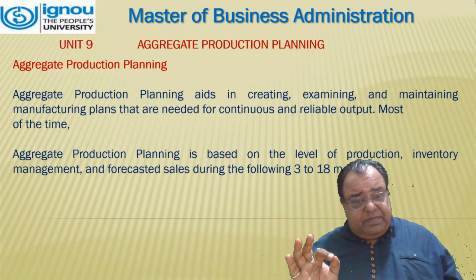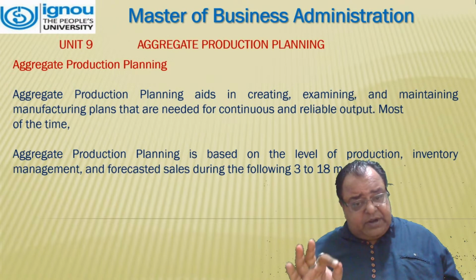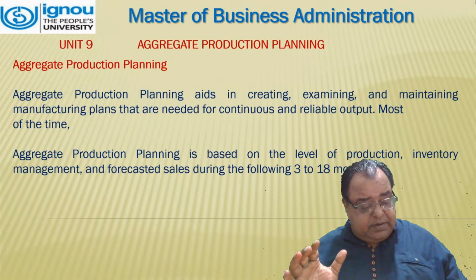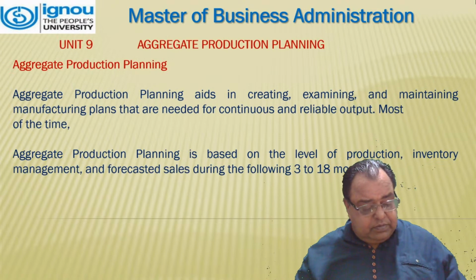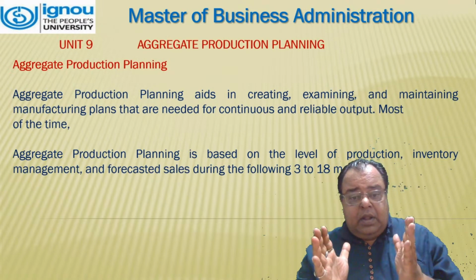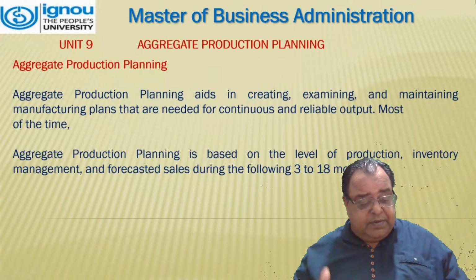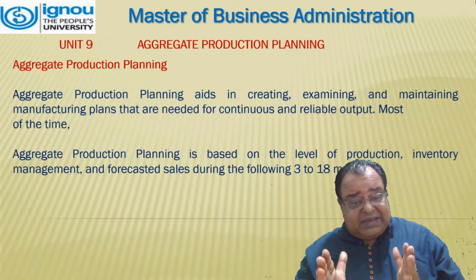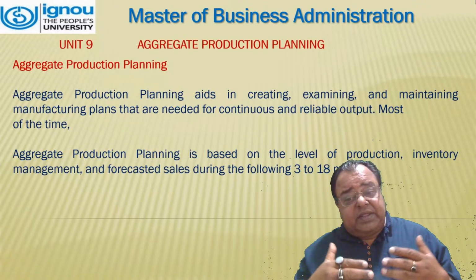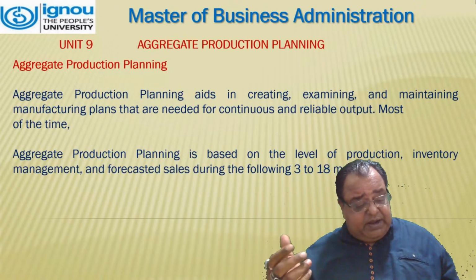Most of the time, aggregate production planning is based on the level of production, inventory management, and forecasted sales during the following 3 to 18 months.